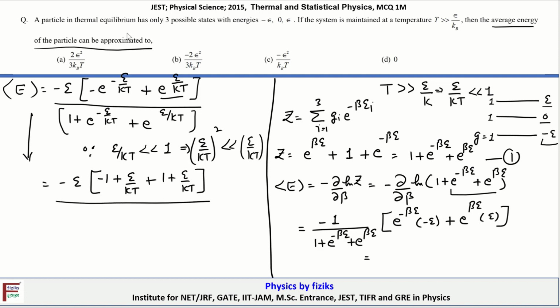In the denominator we apply the same concept, 1 plus, now exponential can be written as 1 minus E upon kT, and then plus 1 plus E upon kT. So E upon kT will cancel, and here 1 will cancel with 1. Upon solving, this comes out to be equal to minus 2 E square upon 3 kT. Therefore option B is the correct one here.